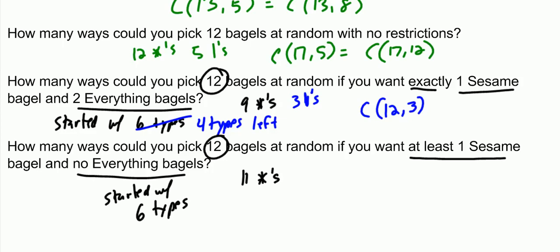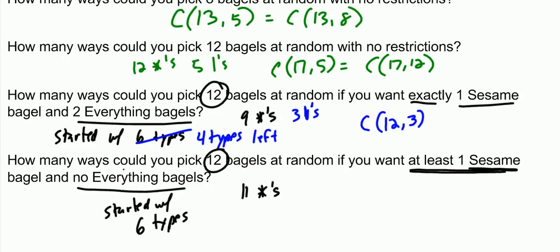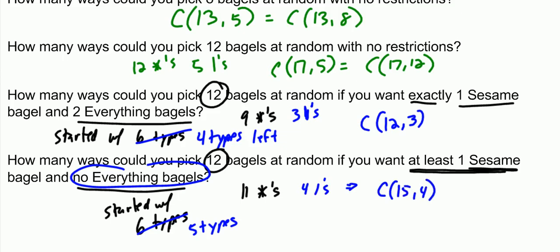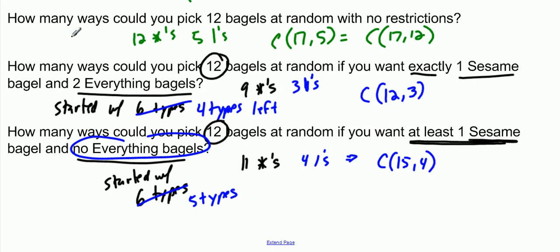Having at least 1 sesame means I'm still allowed to pick from the sesame bin. But I want no everything bagels. Since I want no everything bagels, that means I'm only choosing from all 5 except for the everything. So I'd have 11 stars and 4 bars, and that's going to give me 15 choose 4 or 15 choose 11.